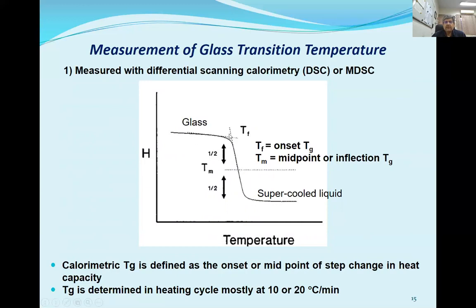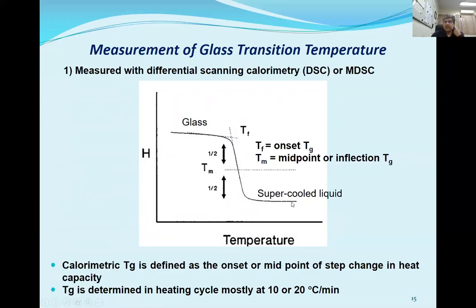The point where it starts is called the onset Tg. If you draw a tangent here, and then a straight line here, the midpoint of this would be called the midpoint or inflection Tg. And this would then be the supercooled liquid state.